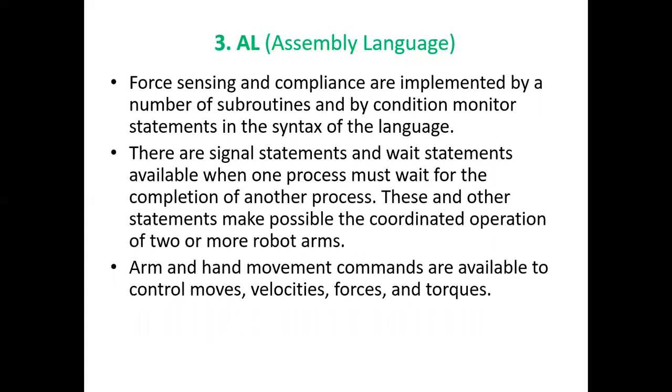Force sensing and compliance are implemented by a number of subroutines and by condition monitor statements in the syntax of the language. There are signal statements and wait statements available when one process must wait for the completion of another process. These and other statements make possible coordinated operations of two or more robot arms. Arm and hand movement commands are available to control moves, velocity, forces, and torques.